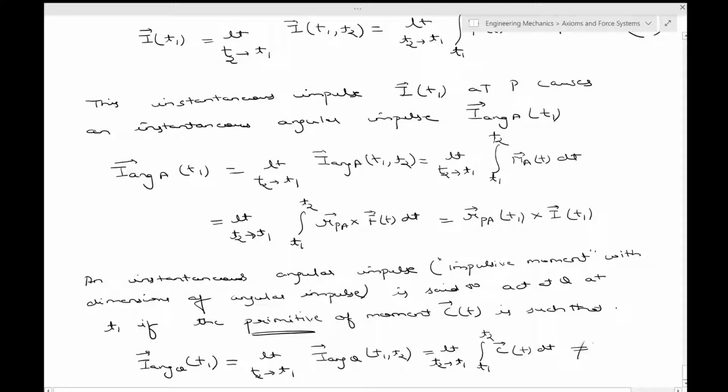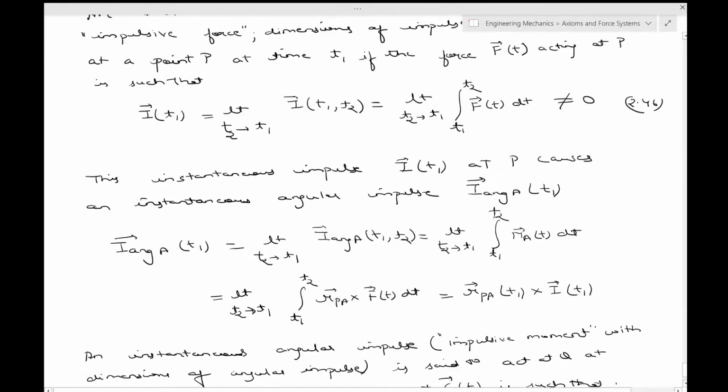Okay, and this value will not be equal to 0, just like we had over here.